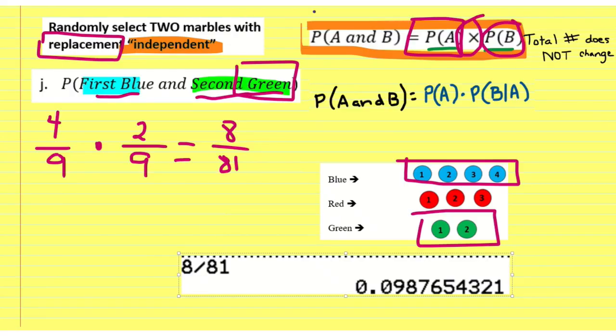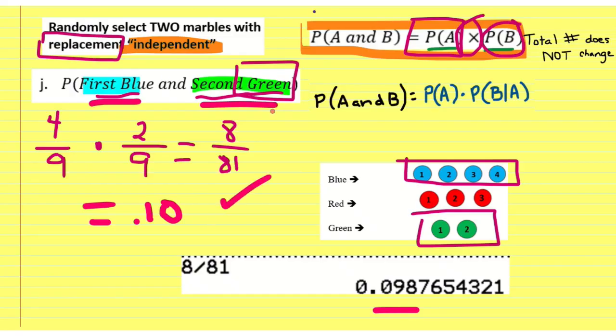So that is going to be equal to 8 out of 81 probability that we'll choose a blue the first time, and a second time we'll choose a green marble, and it's going to be 0.098. And if we round that to 2 decimal places, that'd be 0.10. So there's about a 10% chance that we will first choose a blue marble, we'll put it back in the bag, and the second time we will pull a green marble out of the bag, about a 10% chance.